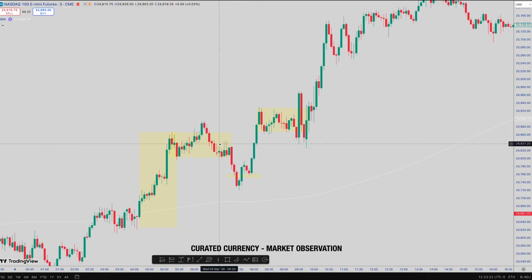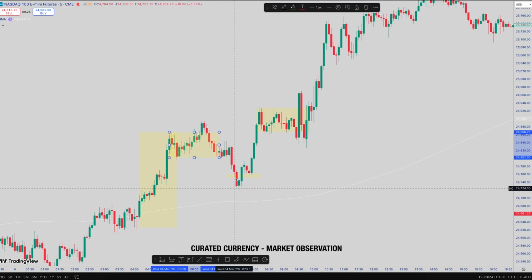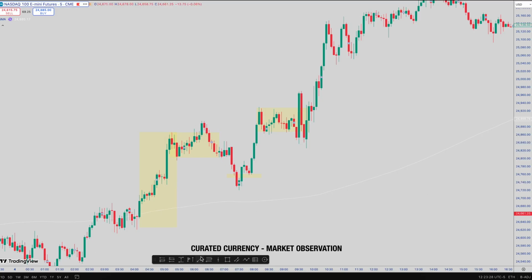Now let's watch what happens right after this area. The market dips lower, it takes liquidity under previous structure. But here's the key point. The important thing isn't just the liquidity sweep. The important thing is the reaction that comes after. Because once that liquidity gets taken, the market has a choice.